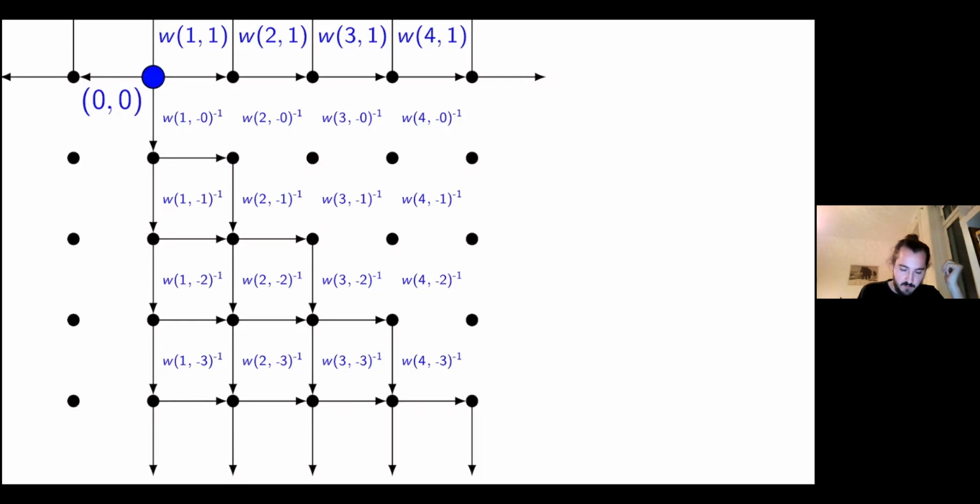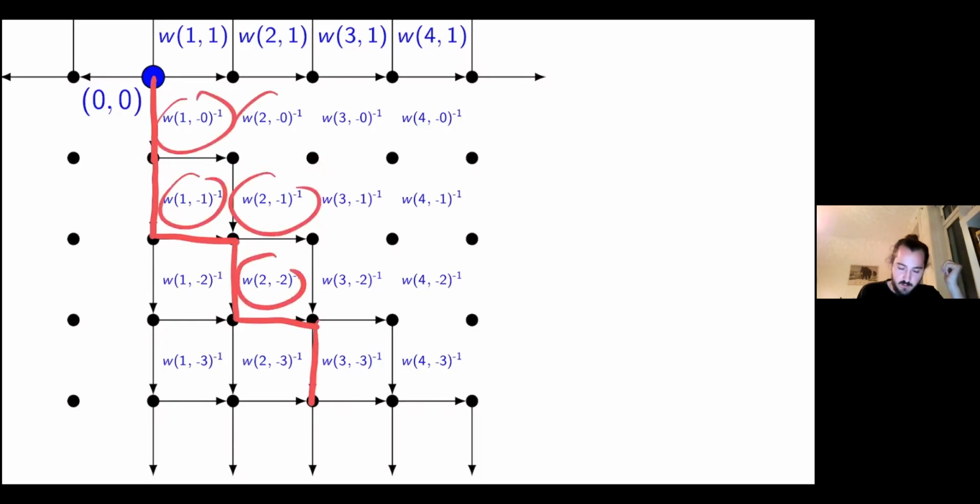And what we do, for example, if we have a lattice path, let's go south, south, east, south, east, south. Then we look at the boxes that are between the path and the x-axis, like this, this, this, this again. And the weight of the path is again just the product of all these weights.